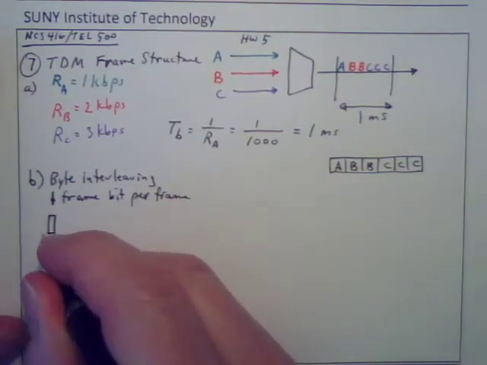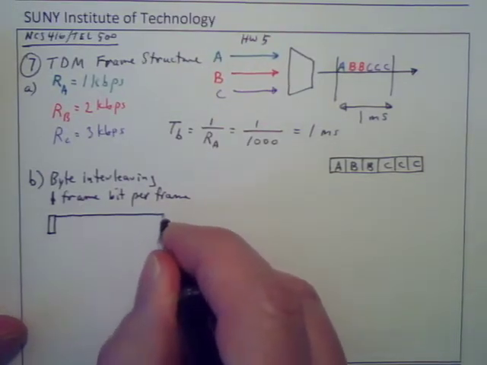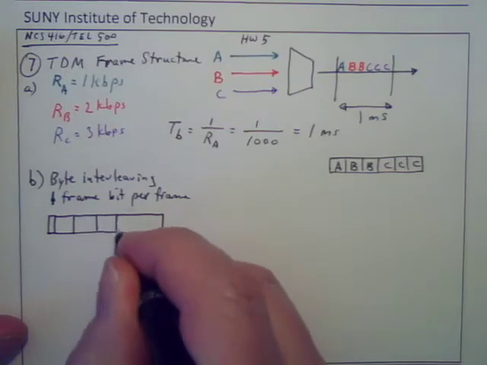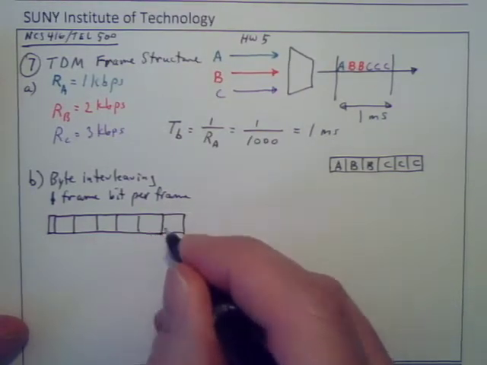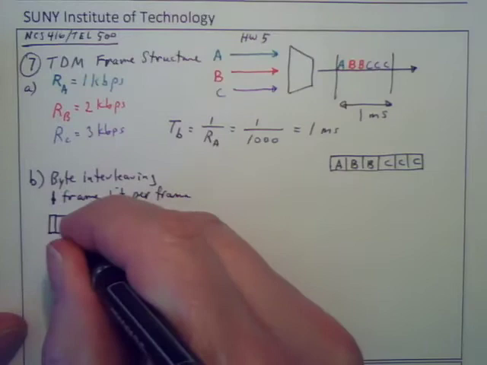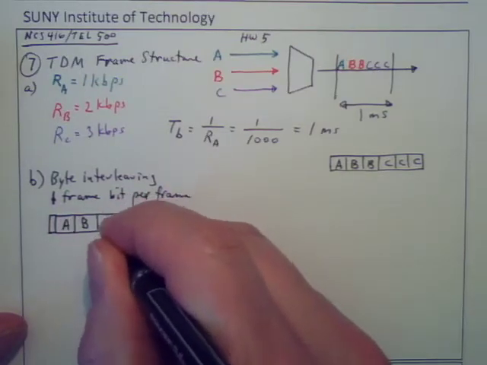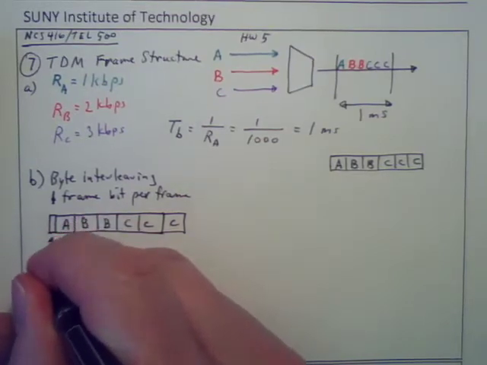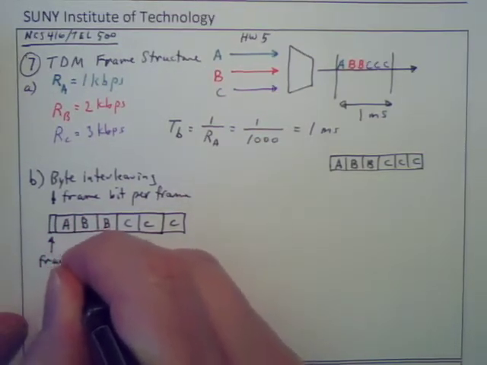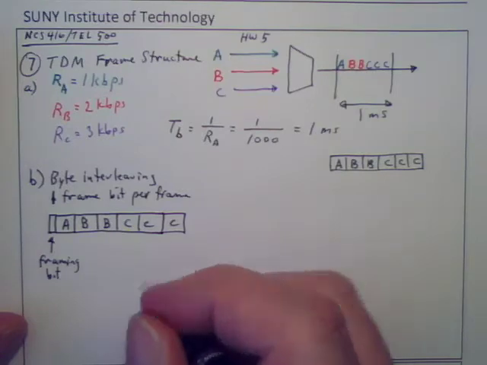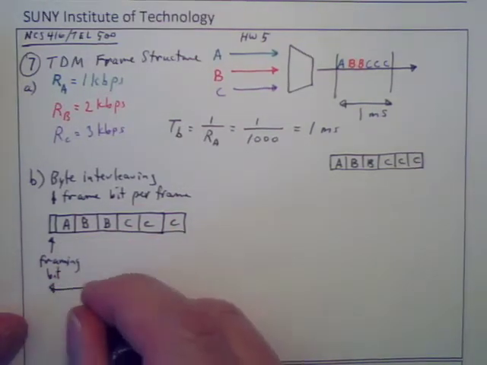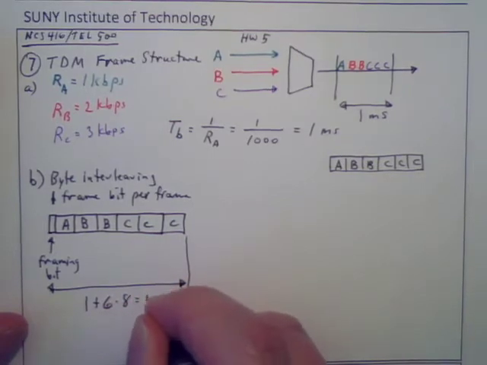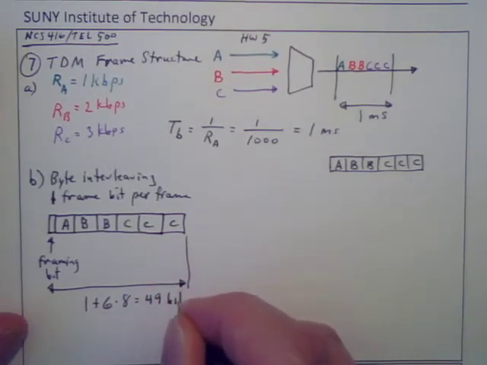Here's that framing bit, and then we have 6 bytes: 1 from A, 2 from B, and 3 from C, so A, B, B, C, C, C. The total length of this frame is 1 plus 6 times 8, or 49 bits.